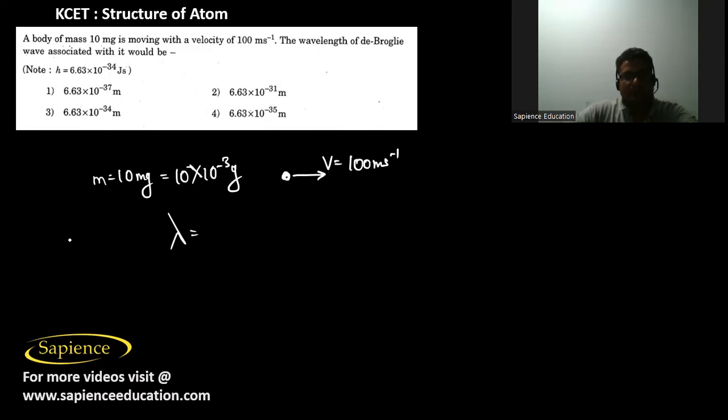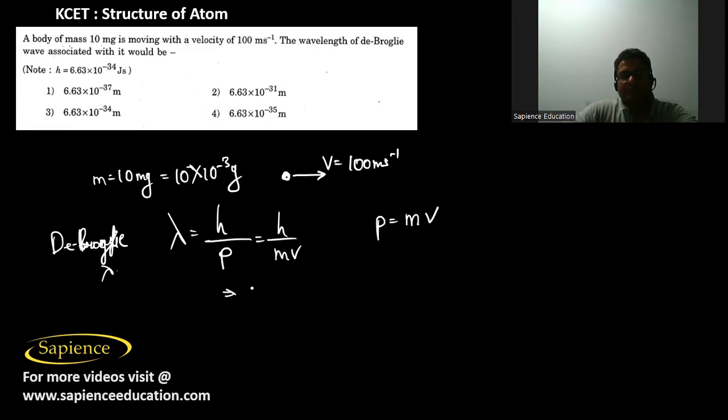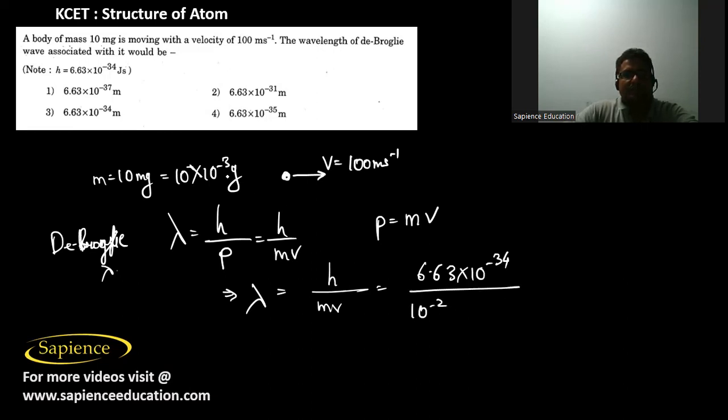So we know that the de Broglie wavelength is given as lambda equal to h by p, where p is the linear momentum of the object, p is equal to mass into velocity mv, so it will be h by mv. Here h is Planck's constant, which is 6.63 into 10 power minus 34 joule second, divided by mass, that is 10 power minus 2 gram.